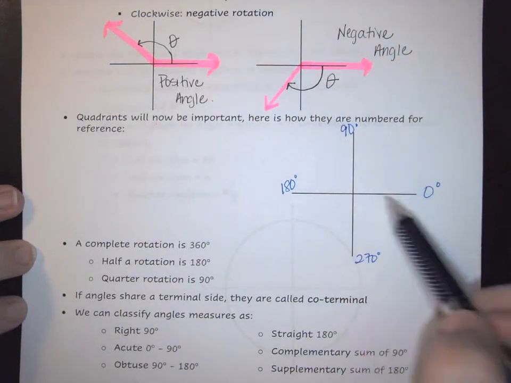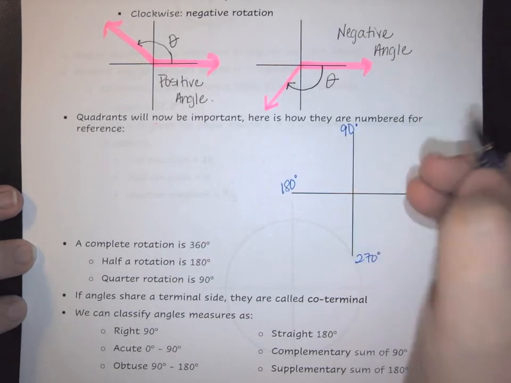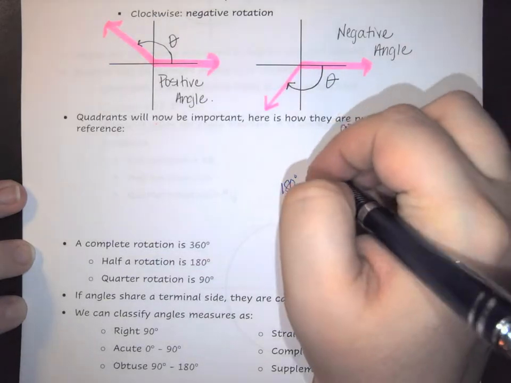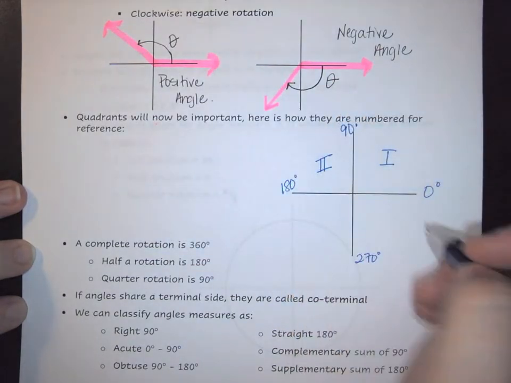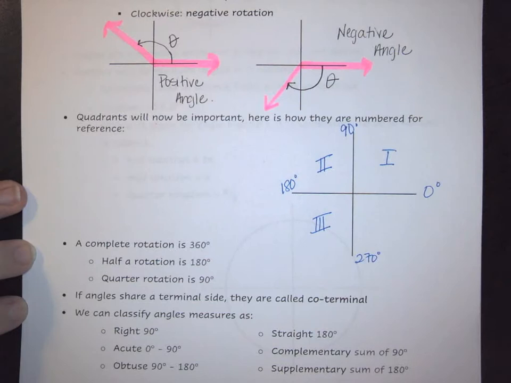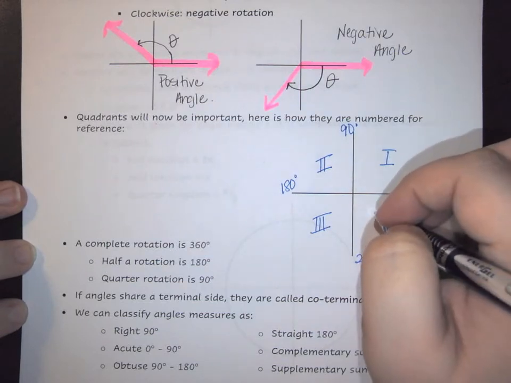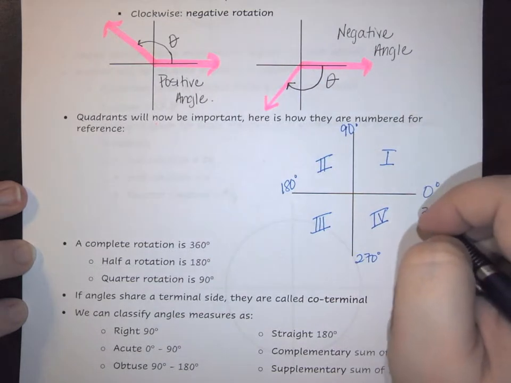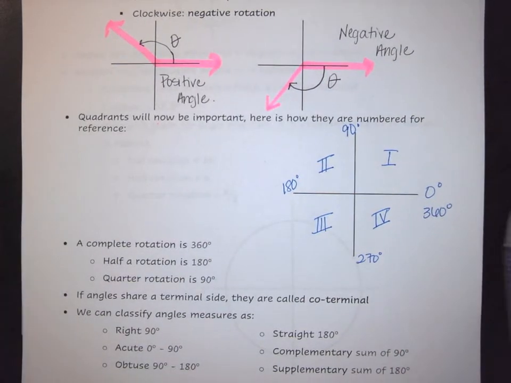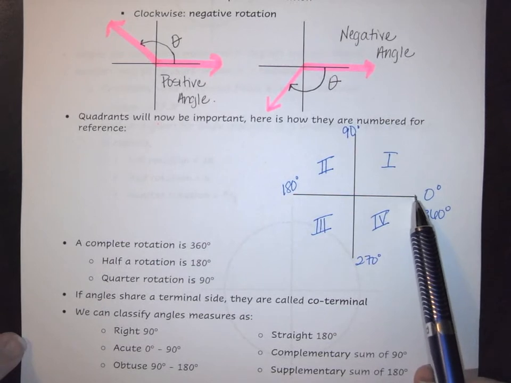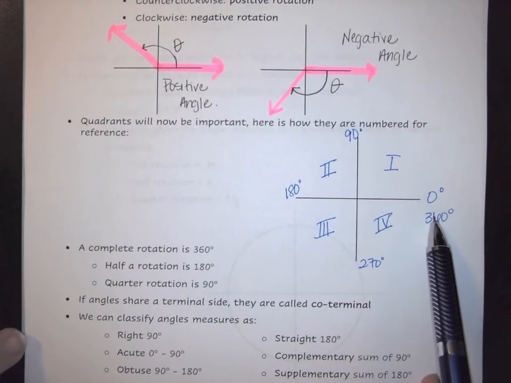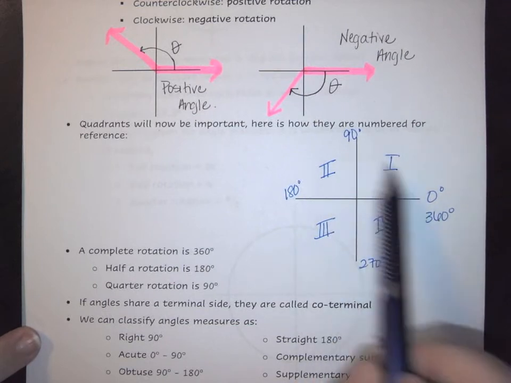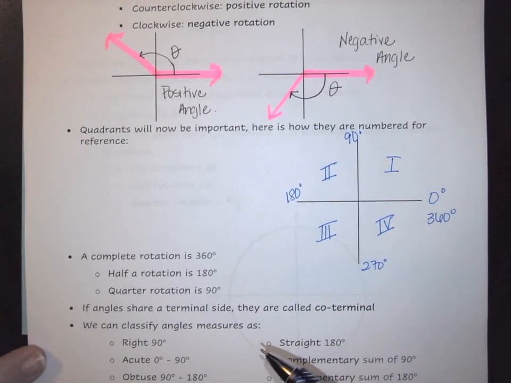Now with this, going from 0 to 90, we call this quadrant 1. From 90 to 180 is quadrant 2. 180 to 270 is quadrant 3, and 270 back to 0 would be quadrant 4. Now to go a full way around a circle, we call that 360 degrees. So what you'll notice is over here at this positive x-axis, you have two degree measures there. One is 0 because you're just starting out, or 360, you've gone a full circle around.